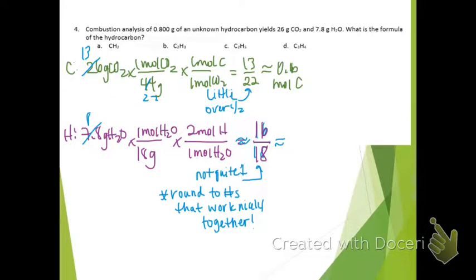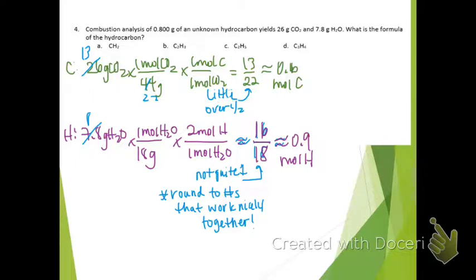Well, 16 over 18 is not quite 1, but I also want to round to numbers that work well with each other. Since it's not quite 1, and I have 0.6 moles of carbon, I'm going to go ahead and call this approximately 0.9 moles of hydrogen. So now both of my mole values for carbon and hydrogen have a factor of 3 in them, which is going to make the rest of my math a little bit easier.